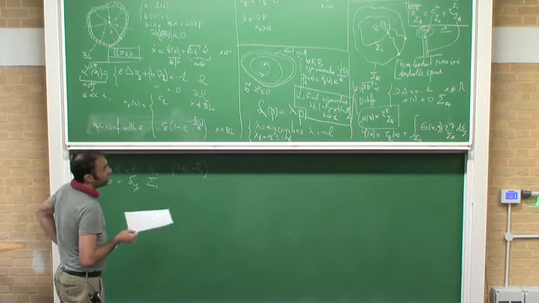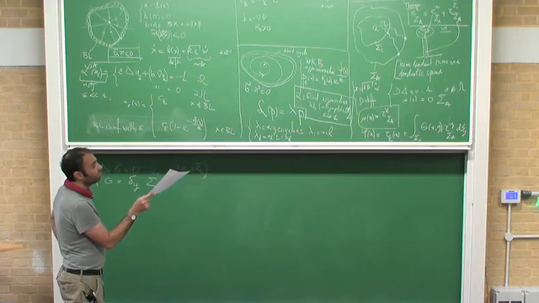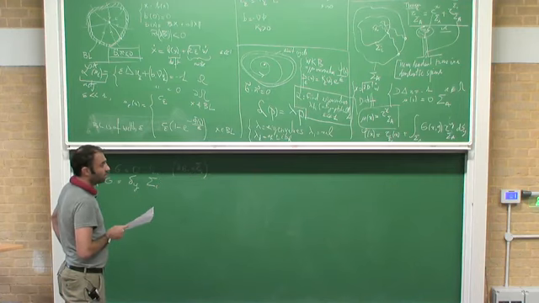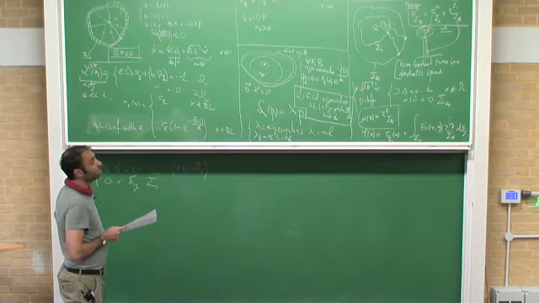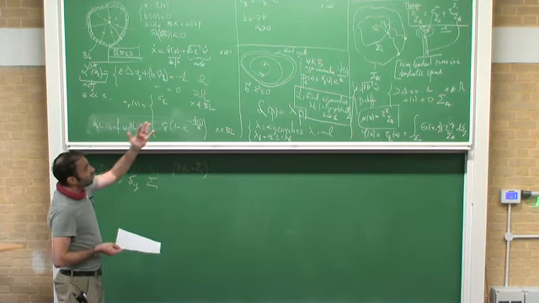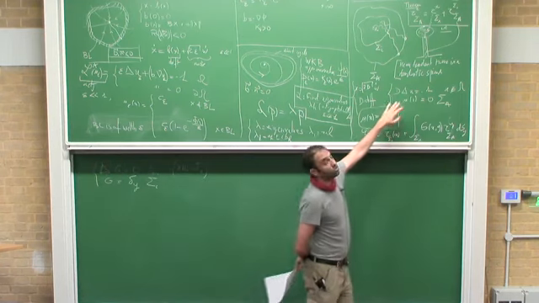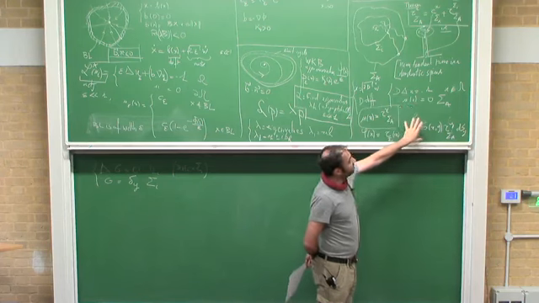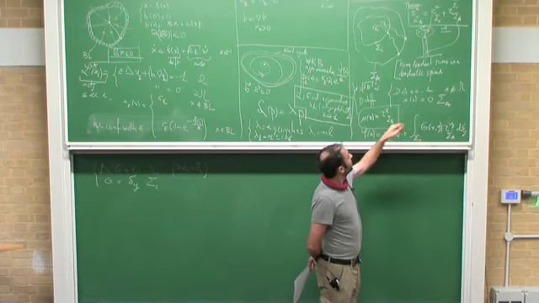Okay, so the idea is we are going to show that this phi of x equals u of x. So how do we do this? We are going to use the fact that the partial differential equation has a unique solution. So this is a different way to write it.